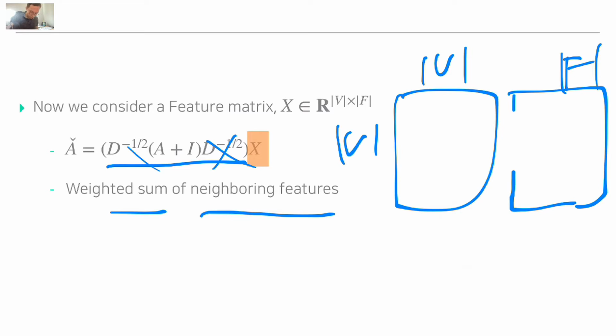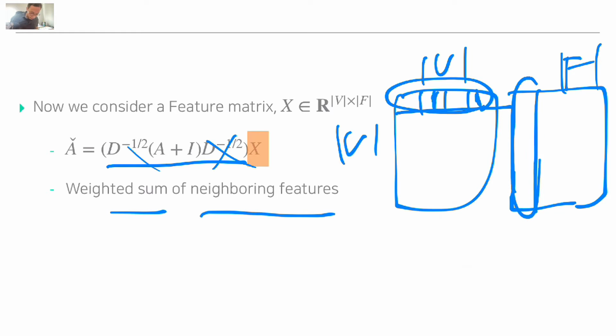Assume that we are interested in the first node, and their adjacency is something like this. We first consider the first feature, so we multiply something like this, right? This is V, so the length is the same as the number of vertices.